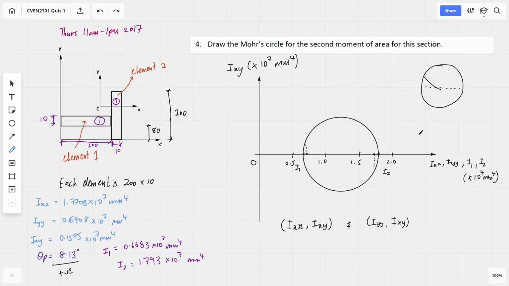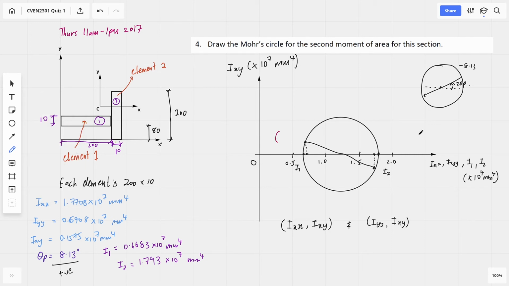If it was a negative angle, so negative 8.13, you would have the right hand side at the top. In this case it's positive, so you're going to have the point up here on the left hand side, on top of the x-axis. So I'm just going to roughly draw that, and then plot the points.